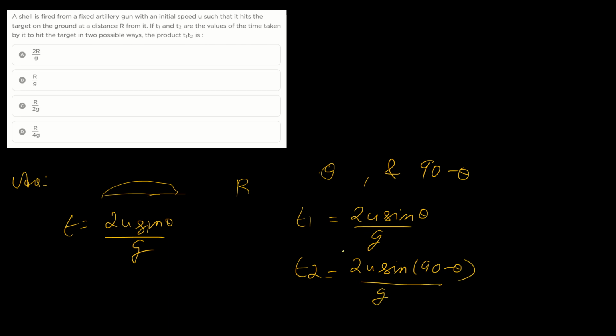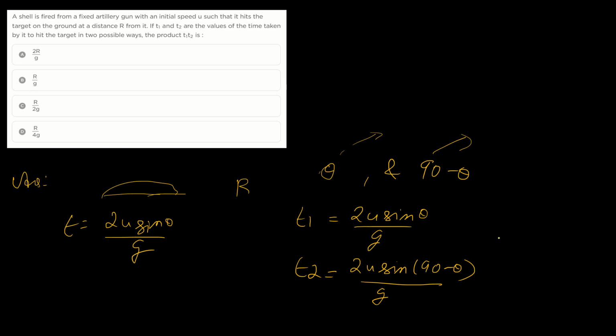Do you understand? Those are the two possible ways in which the shell can hit the target, one at an angle theta and another at an angle 90 minus theta. That's why I took t1 and t2.